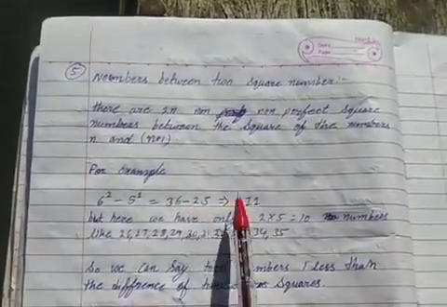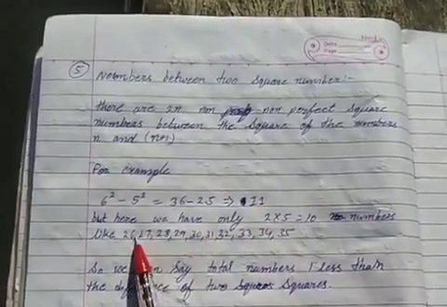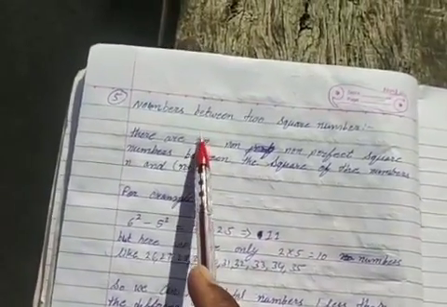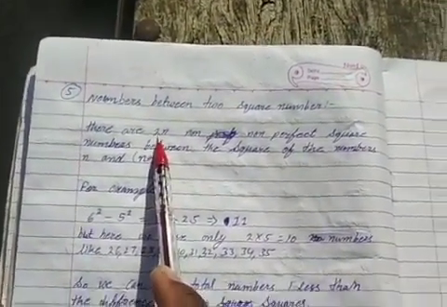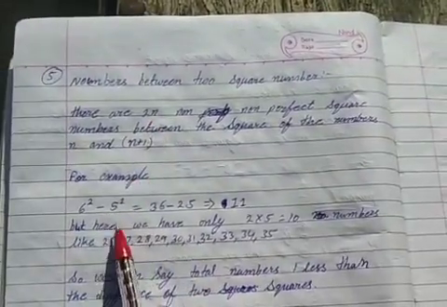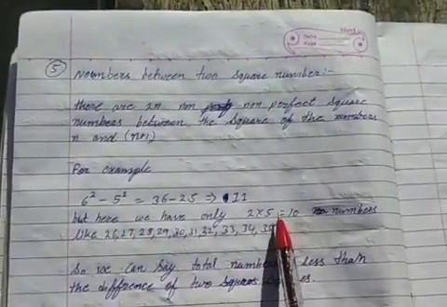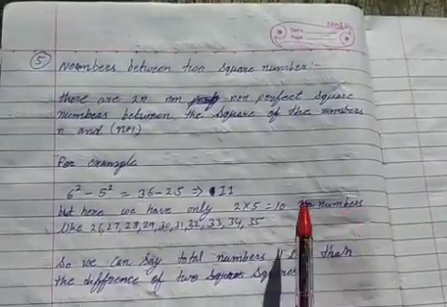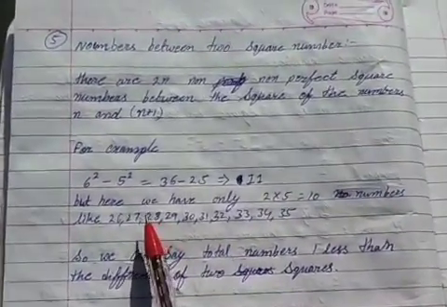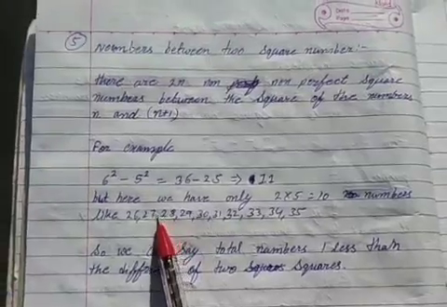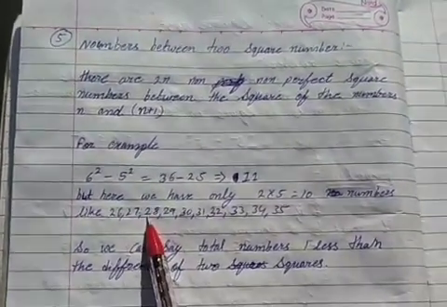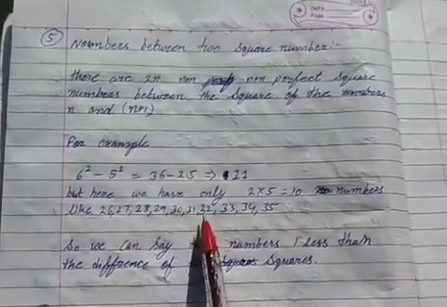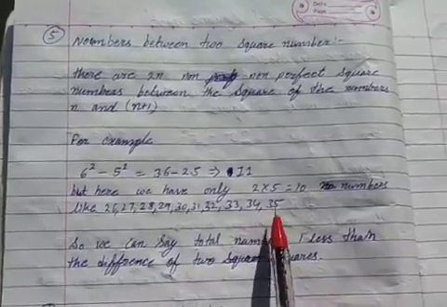If we subtract, we get 11. But according to this property, we have only 2n numbers. So 2n, with n the smaller number, is 2 multiplied by 5, which equals 10 numbers. These 10 numbers are 26, 27, 28, 29, 30, 31, 32, 33, 34, 35.